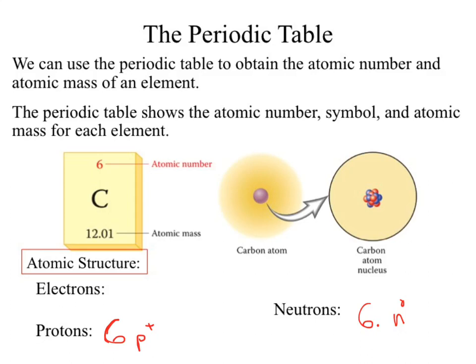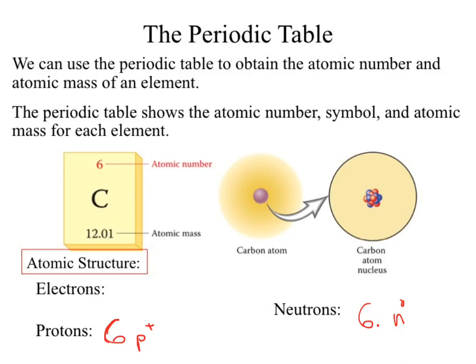How many electrons in this? 6. You have to balance, otherwise you have an ion. Remember, we said electrons and protons were highly unstable. We want to strive for neutrality. So if we're looking at just carbon on its own, how many electrons need to be present? 6 to balance out the protons.